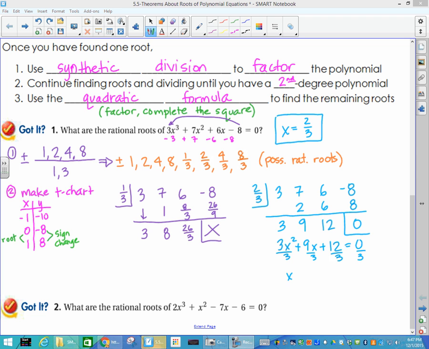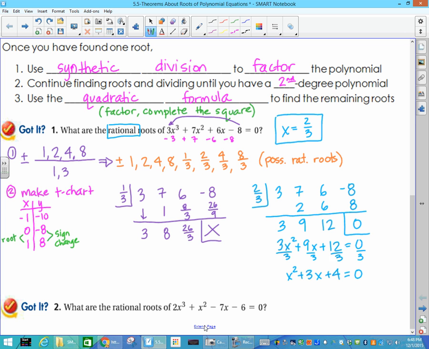That gives me x squared plus 3x plus 4. Now, if that factors, then I need the factors of 4 that add to give me 3. There are no factors of 4 that add to give me 3, so it doesn't factor, which means there are not going to be any rational roots. The other roots that we have are going to be irrational. And they're only asking us in this problem for the rational roots, basically those that are in that list, and they're not in that list. So we're good.